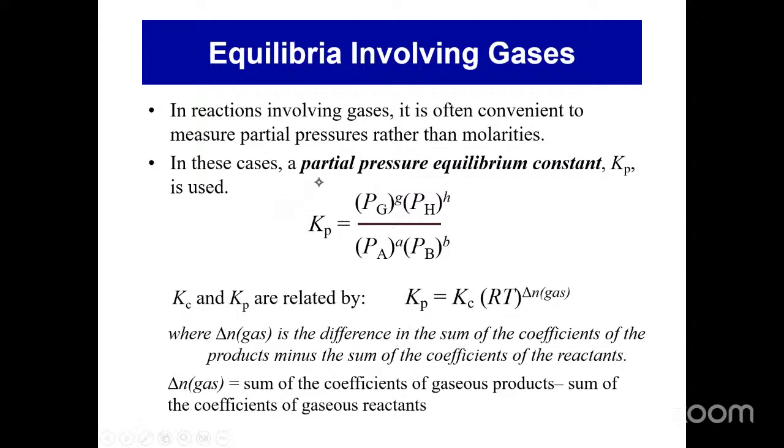I have a question for you. What if delta N, which is this right here, is equal to 0? What would be the consequence of that?